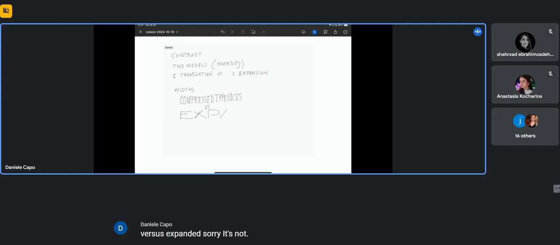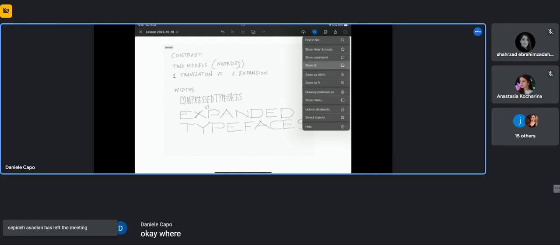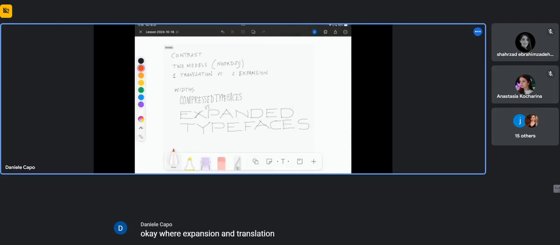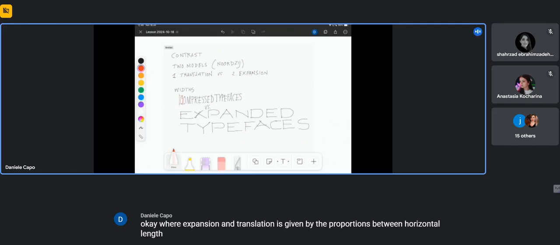Sorry, it's not that easy to expand. Where expansion and translation is given by the proportions between horizontal length and height.